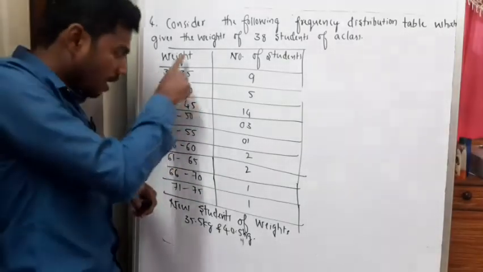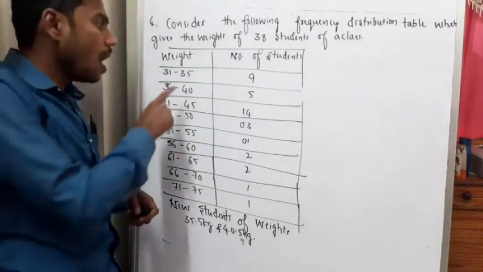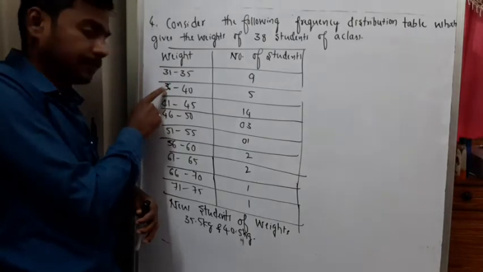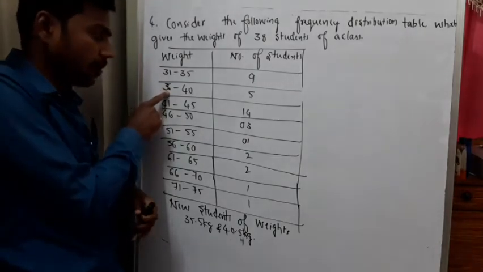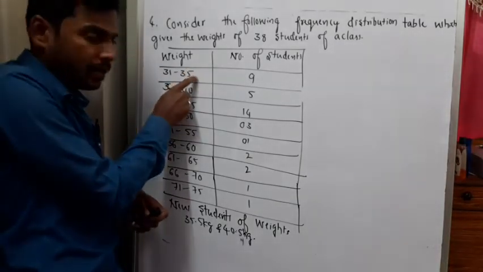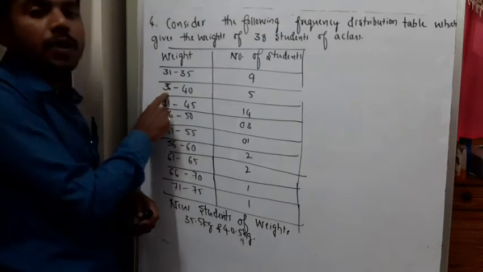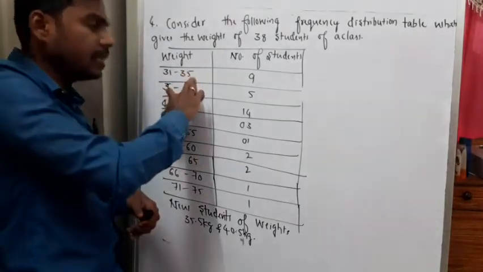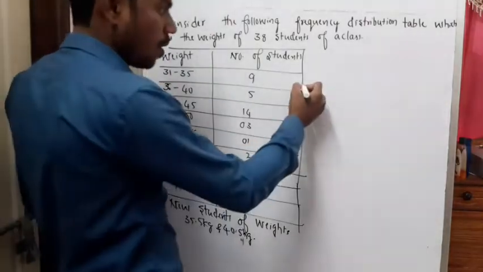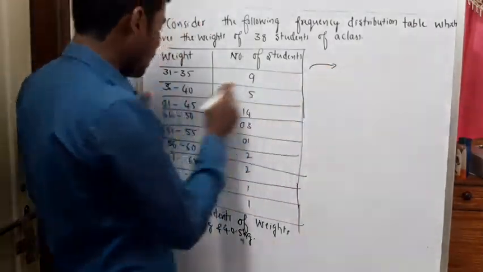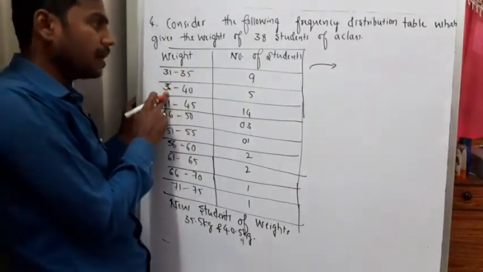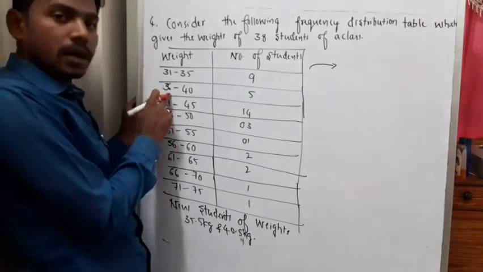To make this class interval continuous, what should I do? First step: take the difference of the upper limit of one class interval and the lower limit of the next class interval.